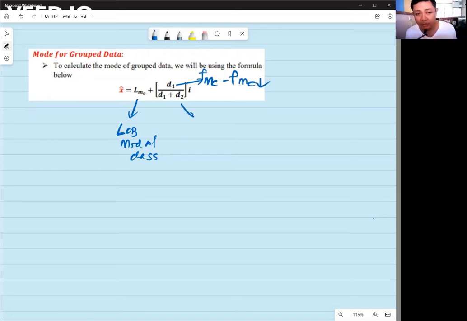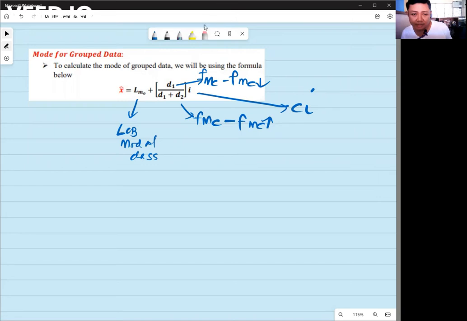Okay? And D2 naman will be the difference between the frequency of the modal class and the frequency of the modal class above it. Okay? And of course, you know I is the class interval. Okay? So, shall we continue?